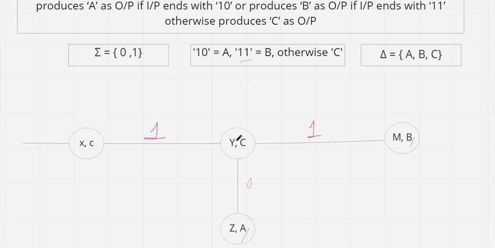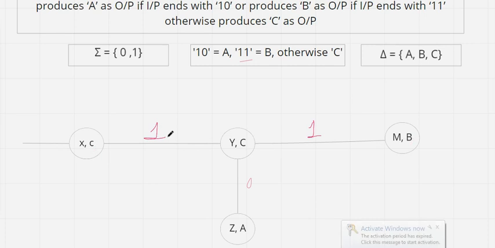Otherwise, the output will be C. That means if we reach a state with output C, it is a non-final state, and the states where we reach output A and B will be final states. I think it is clear to everyone how we are naming the states.